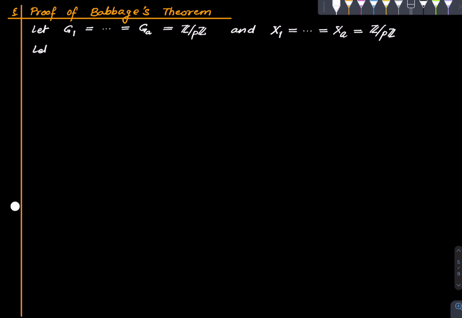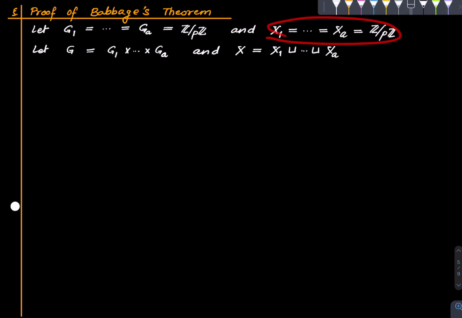Let G be the product of all the groups, and here is the thing: X is the disjoint union of all the Xi's. What does this mean? If I just took the usual union, what I would get here is Z mod pZ, because all of these Xi's are the same.